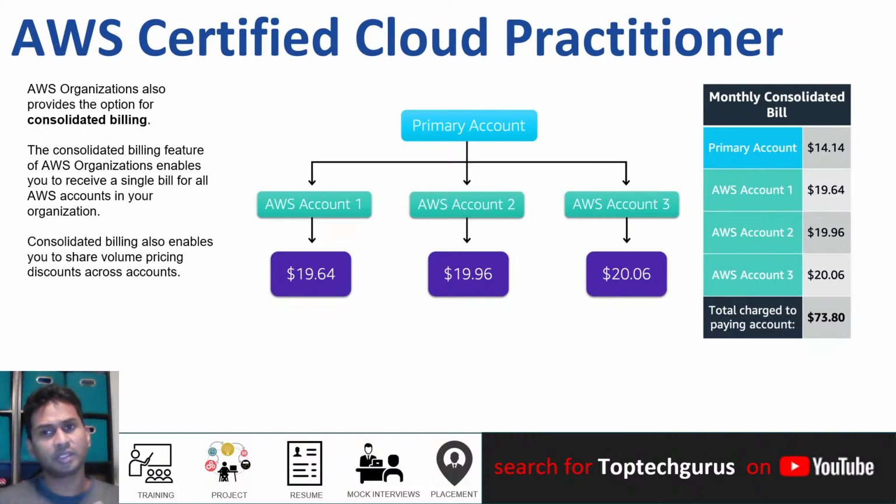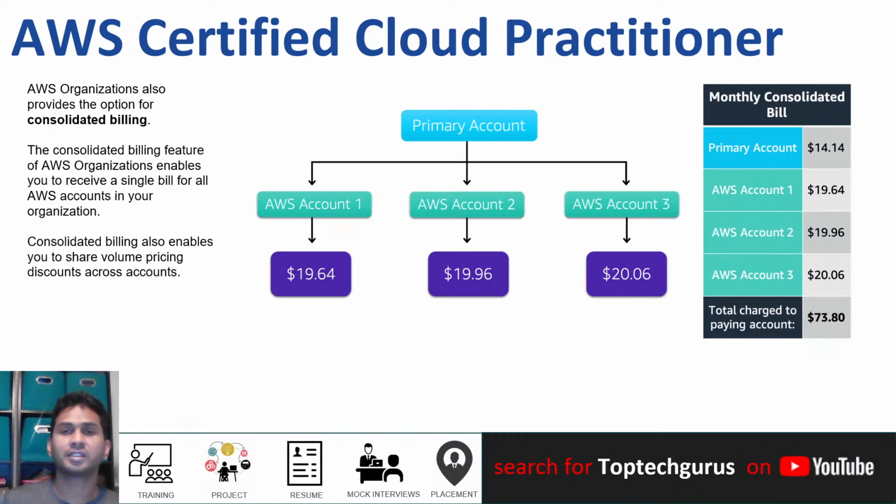Individually they don't get the pricing discount because they don't cross the 10 GB threshold per month. But when you add them together, they cross the 10 GB. So now they are eligible to get the volume pricing. As an organization, the whole organization gets a volume pricing discount. That's the biggest advantage of consolidated billing.